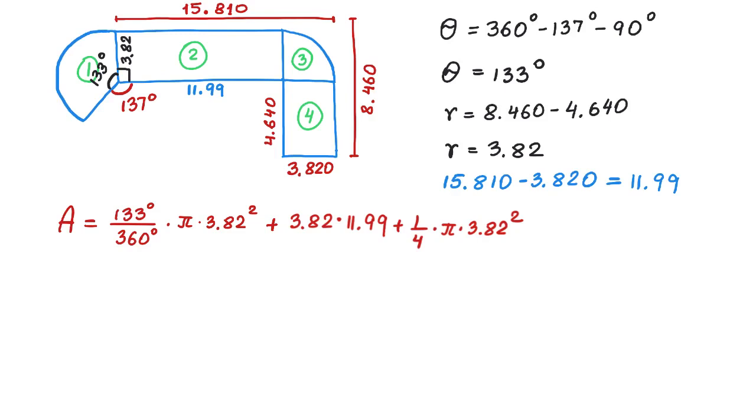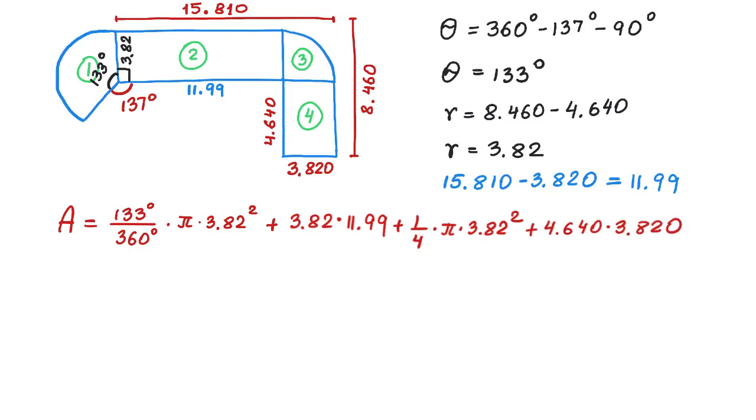This rectangle has the dimensions 4.640 and 3.820. Let's multiply these two numbers to get the area. 4.640 times 3.820.